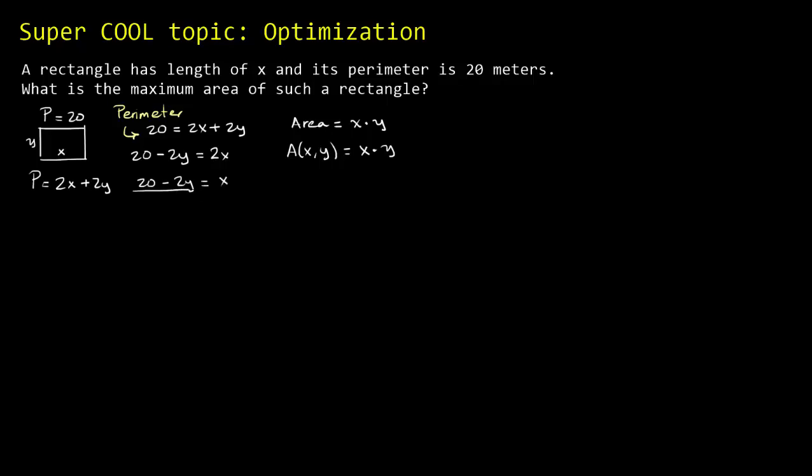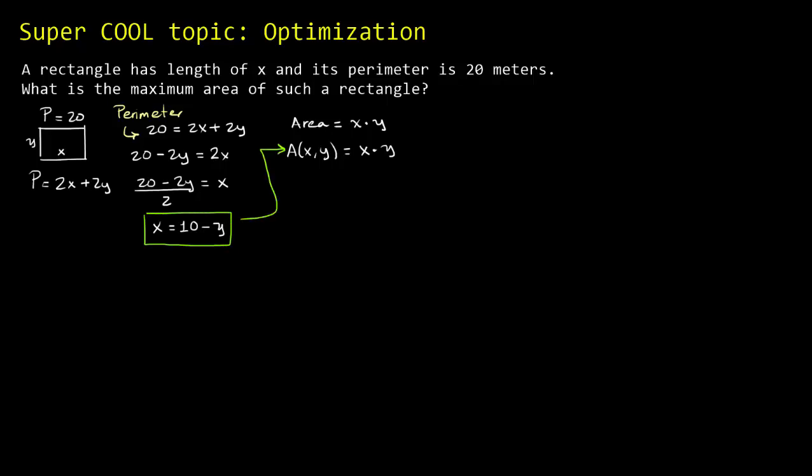So x will be equal to 10 minus y, because 20 over 2 is 10 and 2 times y over 2 is y. This is one piece of very helpful information that we can use.